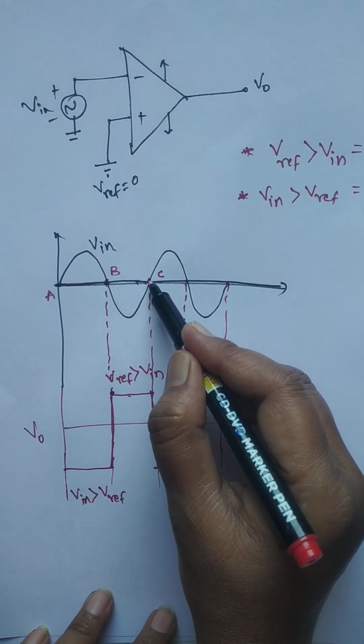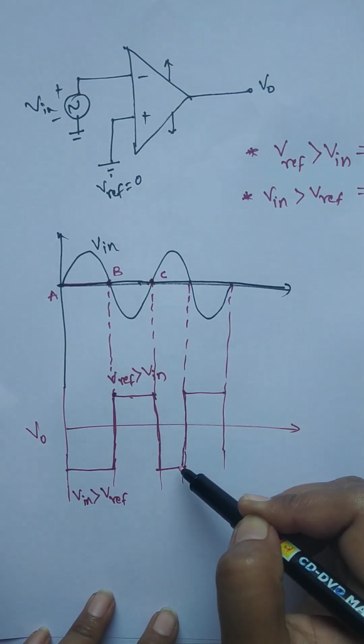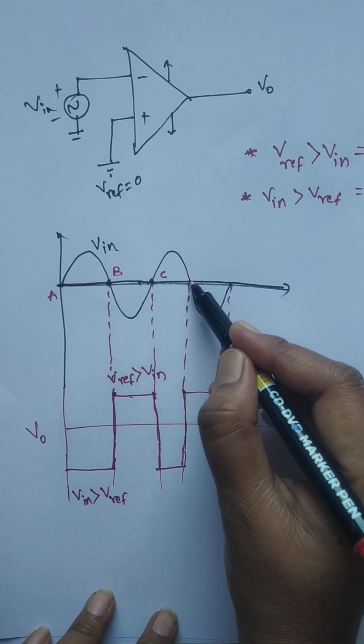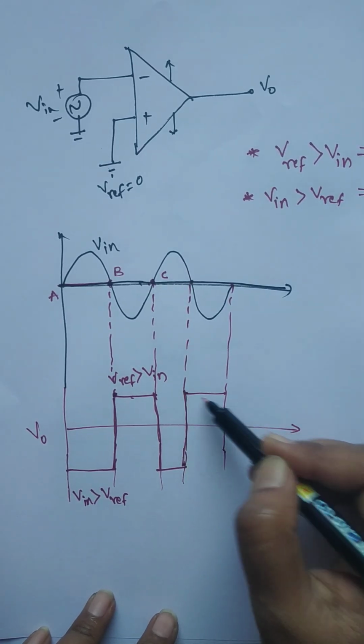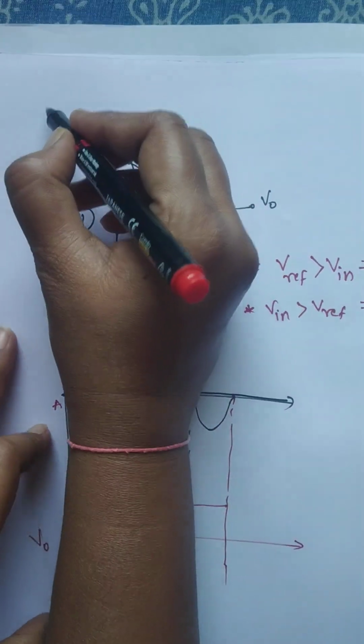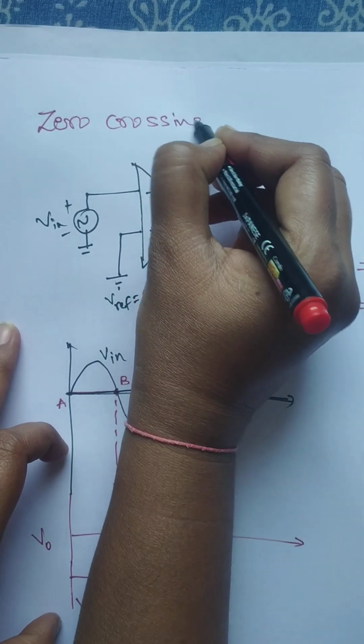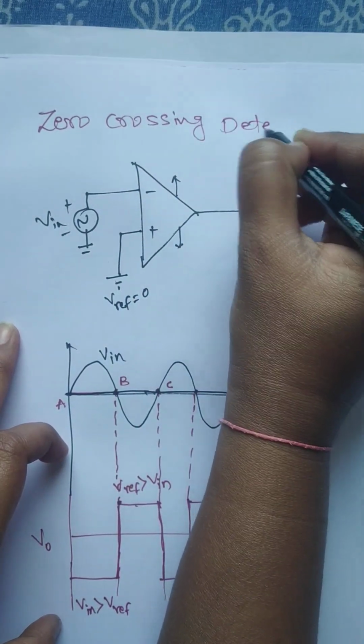Once again at C, input is crossing the 0 line, so output is switched. Again input is crossing the 0 line, at this point output is switched. So this circuit is actually called a zero crossing detector.